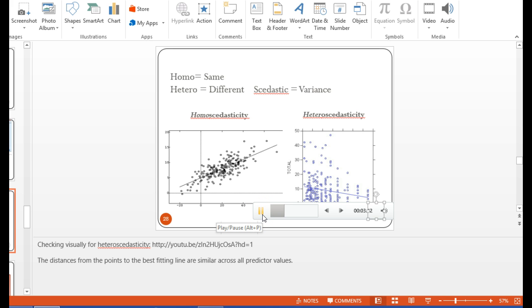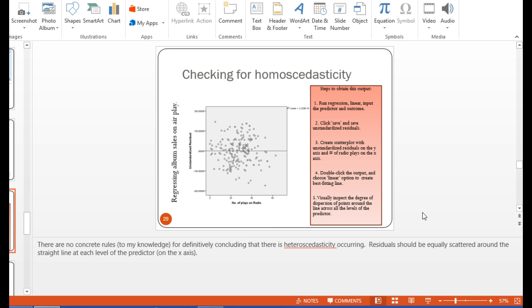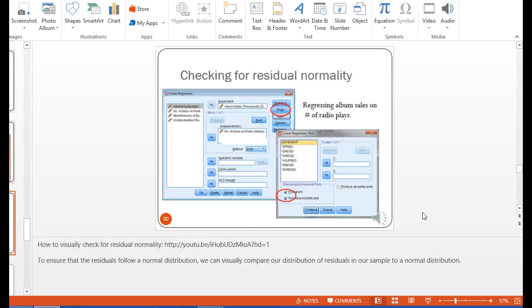Please refer to the screencast link in the notes below this slide for a tutorial on how to check for the homoscedasticity assumption in the data. Please refer to the screencast link in the notes below this slide for a tutorial on visually checking for residual normality.